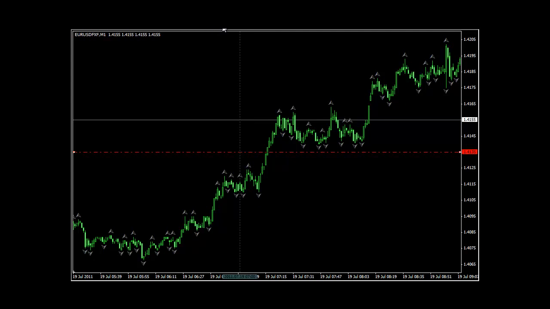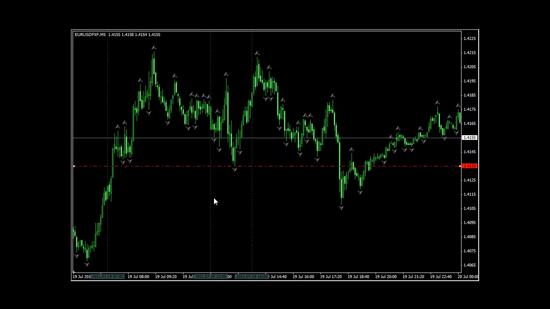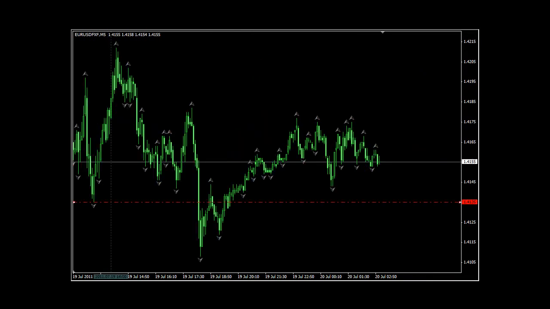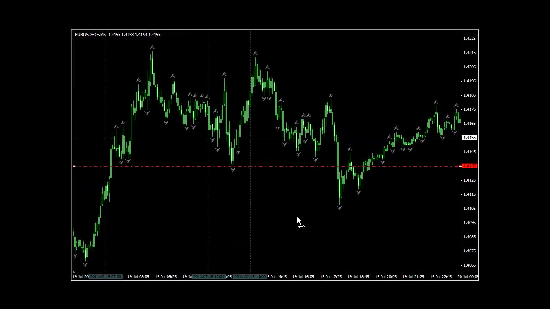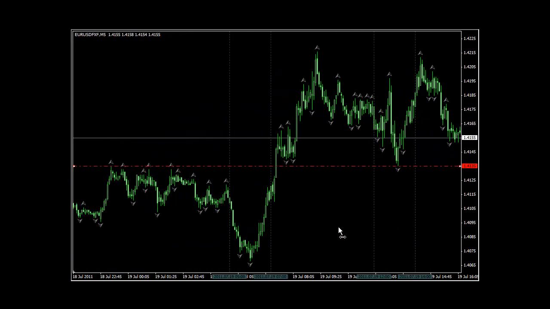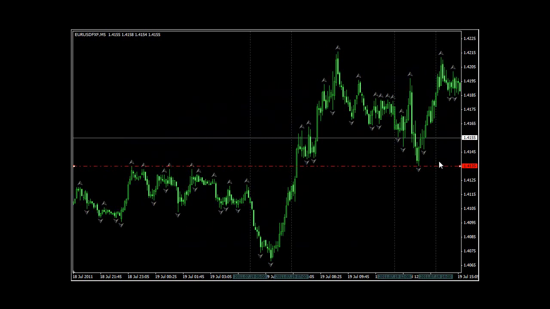But going back to a 5-minute chart, the question was this: trading down to the Asian range highs here. Now we went above it, traded back down to it.